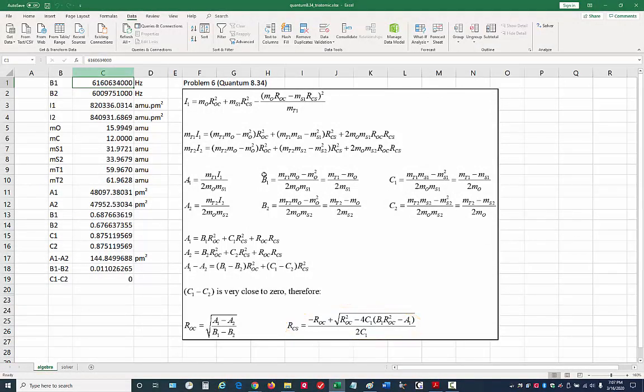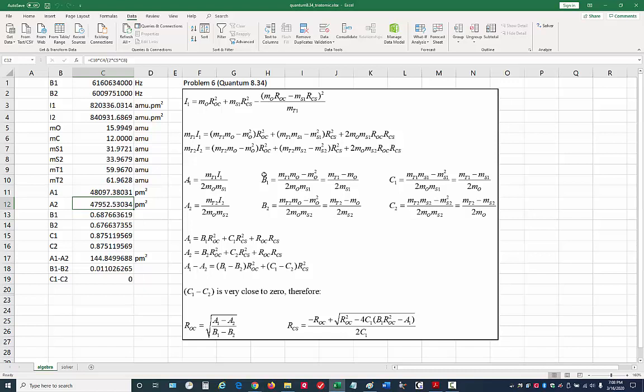Here are the numbers as they would play out in this problem. Again, I've converted from hertz, that's given in the homework problem, to AMUs times picometers squared. And here are the masses again, and here are the values of the various collections of constants that I've labeled as A1, A2, B1, B2, C1, C2.